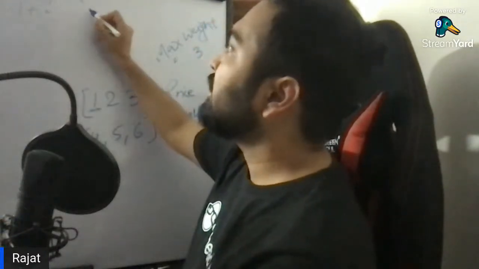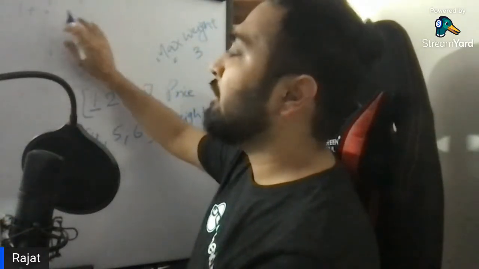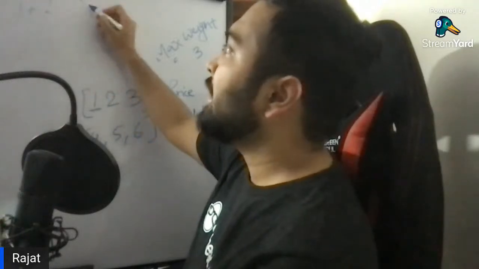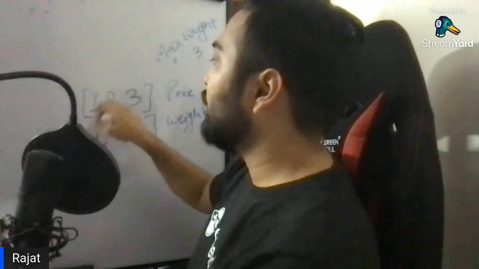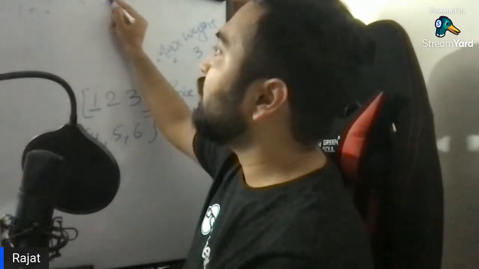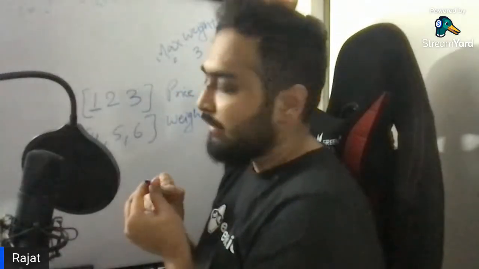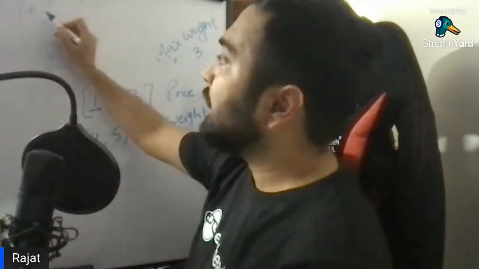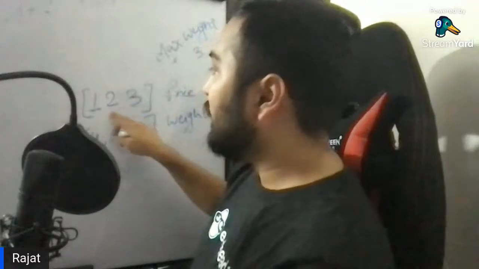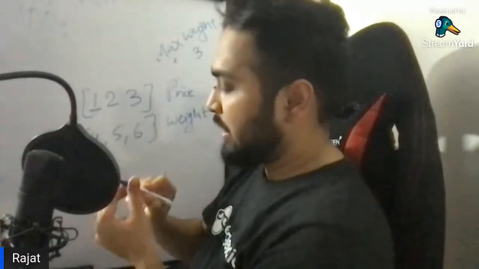If I don't choose it, there will be no addition to the value. It will just be removed. So now the array will be 2, 3 for me. Now here I again call for 2 comma 3. I again call 1 0. Either I can take 2 or I cannot.